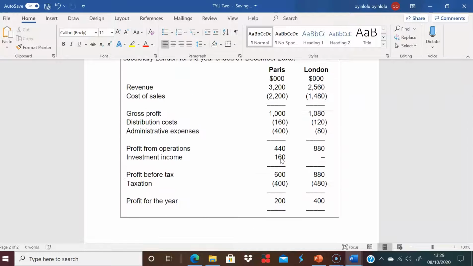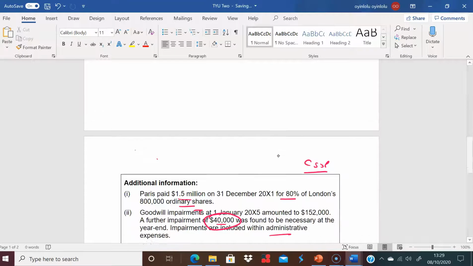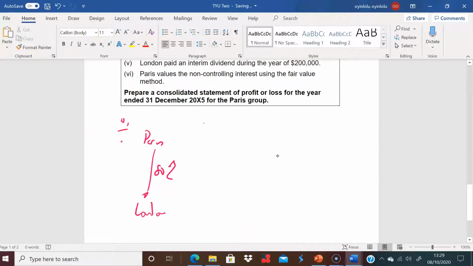So I'm just going to come up here right now to admin expenses, and I'm going to add on 40 as I add all these across. But at the same time, I know that when I come to look at the non-controlling interest, I might as well do it now. So the impairment is 40,000. The parent owns 80%, and that's 32,000. The non-controlling interest owns 8,000, because 20% of 40,000.